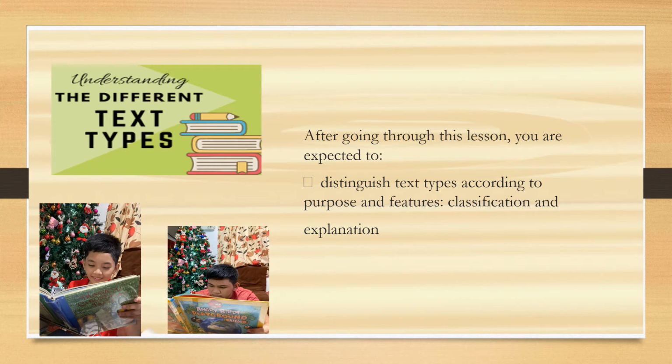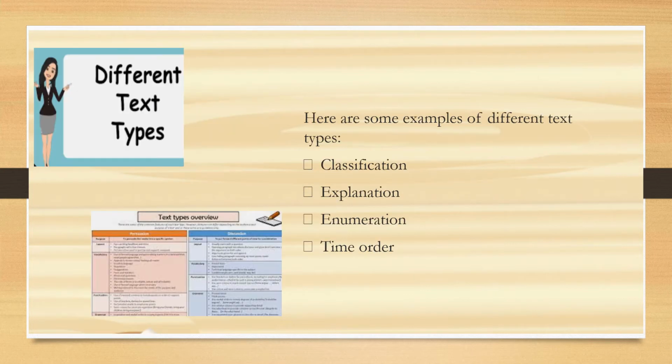After going through this lesson, you are expected to distinguish text types according to purpose and features, classification, and explanation. Texts are written for a variety of purposes using different forms and standards of composition.